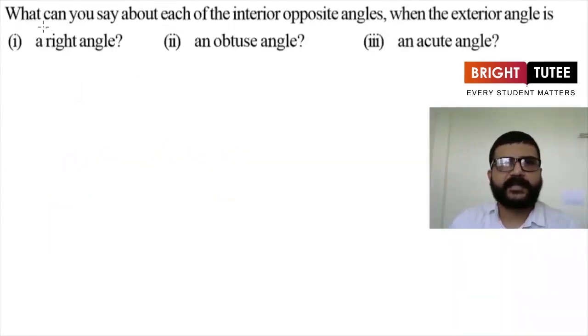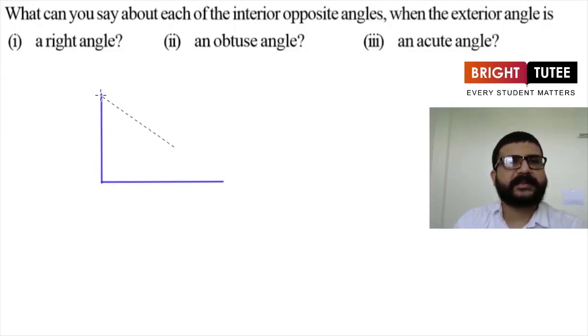Now the next question is, what can you say about each of the interior opposite angles when the exterior angle is a right angle? What if an exterior angle is a right angle? Let's see it. For that we have to draw a triangle first, which is a right angle itself.